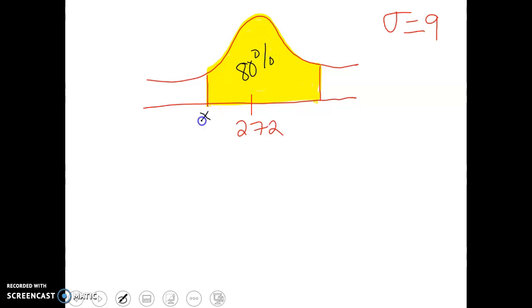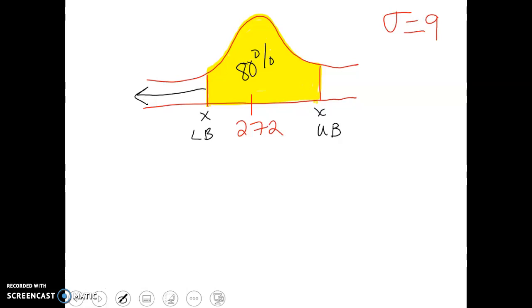So we have a lower boundary and we have an upper boundary. So actually we're going to do this problem twice, because you're looking for two different boundaries. Since you're looking for a boundary, we can use Inv Norm, but we need the area to the left of each of the numbers we're looking for. So for this lower boundary, I need the area to the left of that middle 80%.